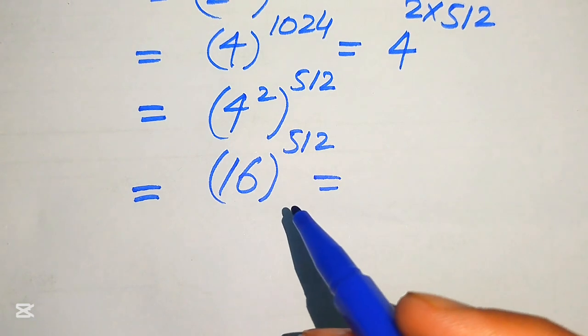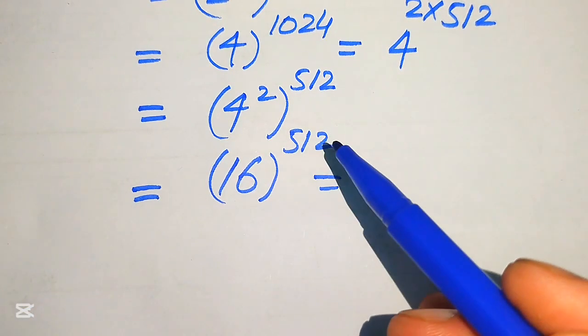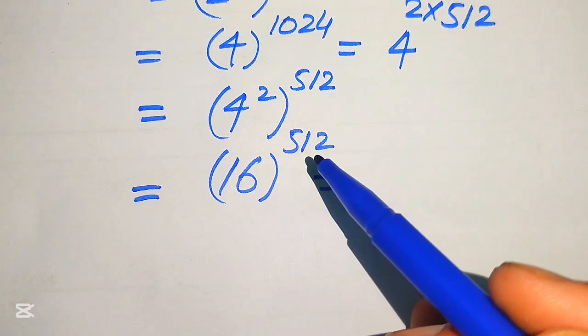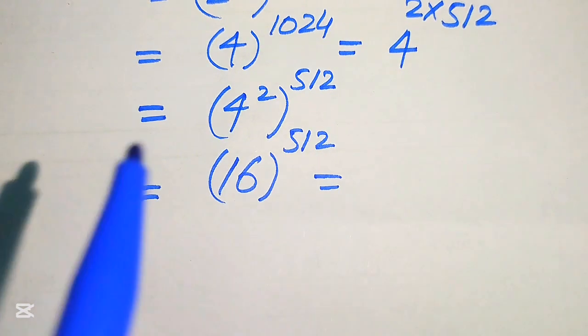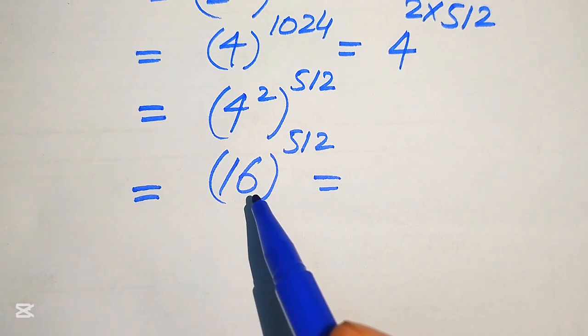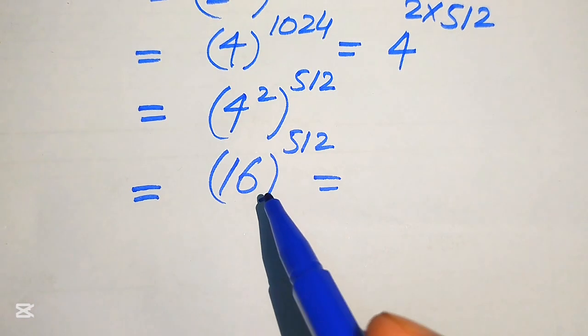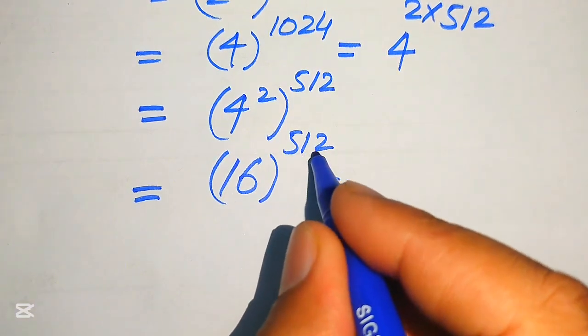You remember one thing: we repeat this process again and again until we obtain our desired result, and our desired result is that we make the base and exponent of this term the same. So for this we need to repeat this process again and again. Here we have 512.